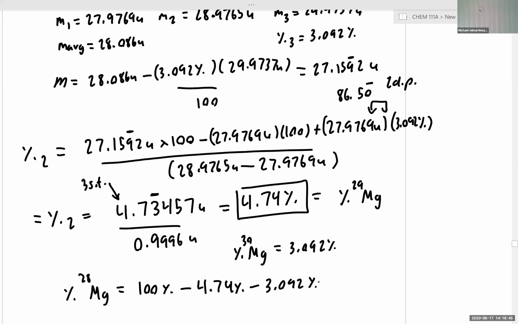And so to cap out this problem, we get 100 minus 4.74 minus 3.092, which gives us a percentage of 92.168 that we in turn round to 2 decimal places. So we get 92.17%.